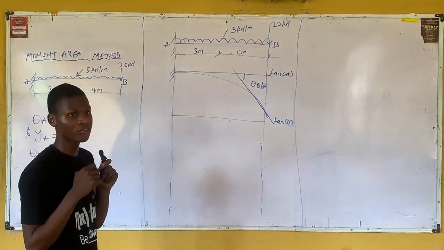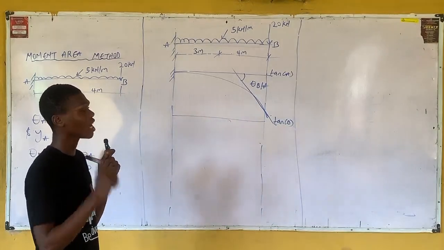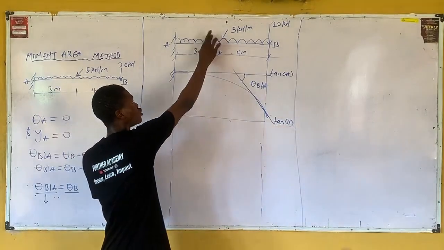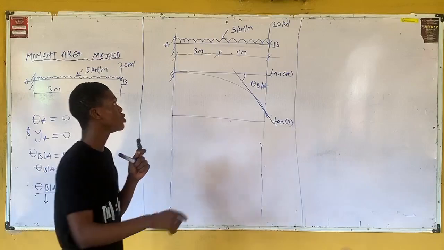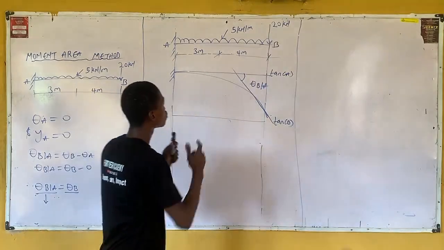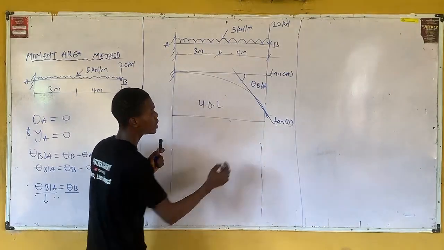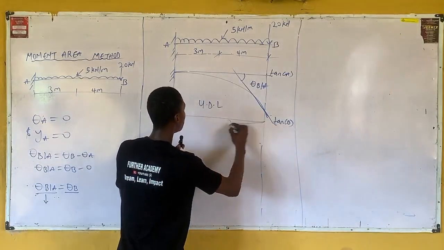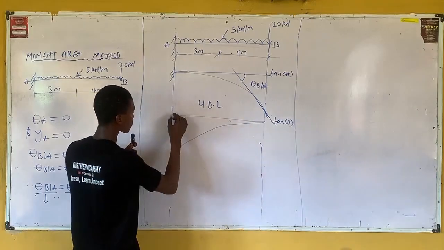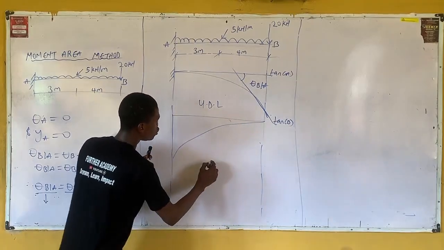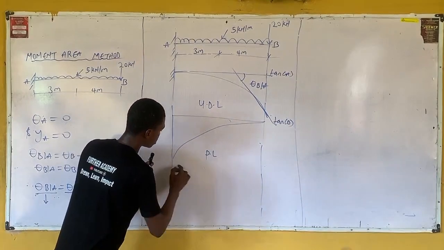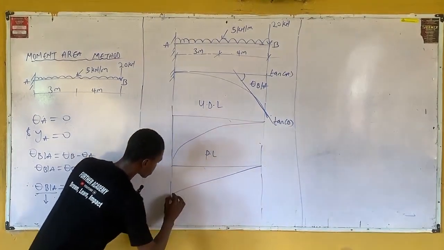Your first M by EI diagram is due to this UDL, while the second one is due to this point load. Due to the UDL, this will be the nature of your bending moment, right? This is due to UDL. Due to point load, this is the nature of your bending moment, right?